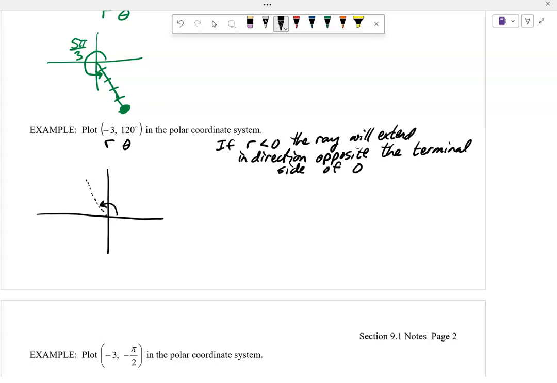So instead of being there, since it's negative, we're going to go in exactly the opposite direction. 1, 2, 3. And there it is. Again, that's with a negative r. So the r tells you to extend it in the opposite direction from the typical terminal side of theta.